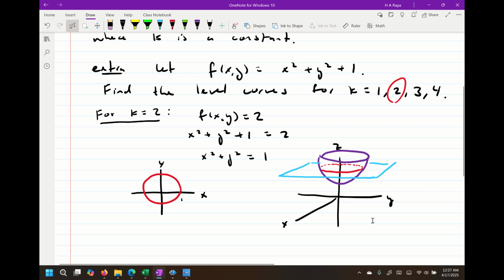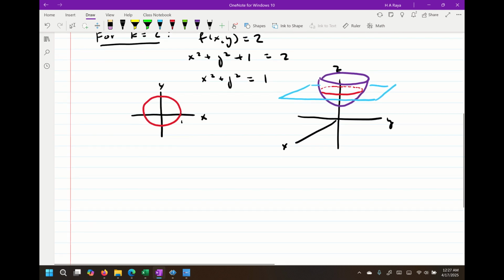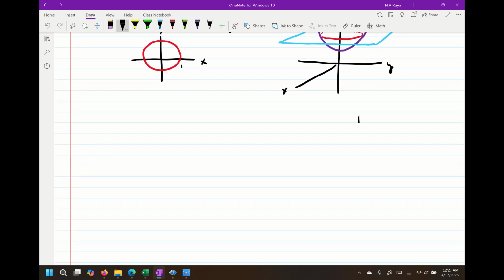Okay, so that is my level curve for k is equal to 2. And we could find the other level curves going through this same kind of analysis. So we started off with k is equal to 2. Let's look at what things look like when we include the 1, the 3, and the 4. For reference on here, I'm going to have the collective of all of the level curves.